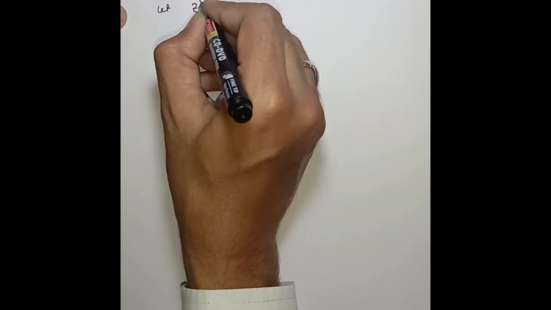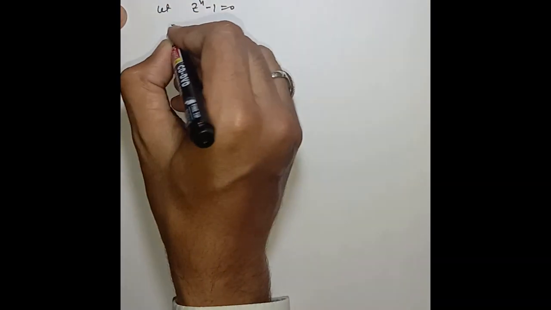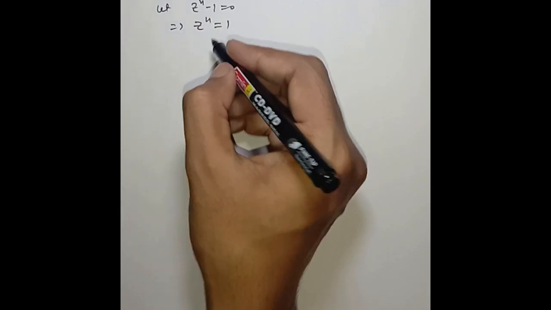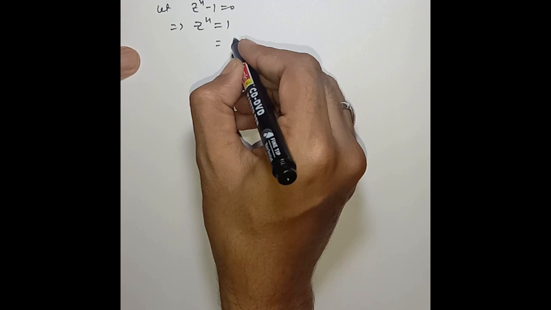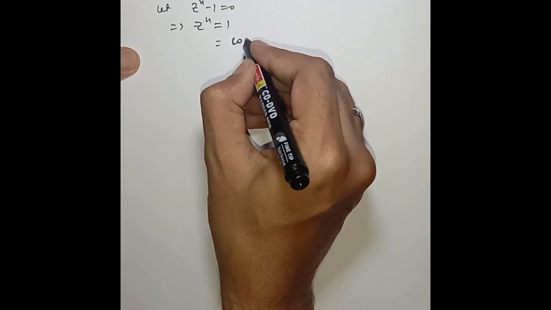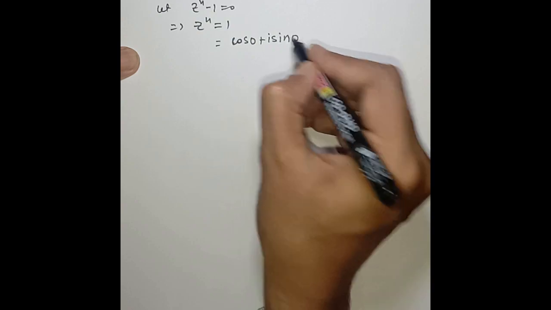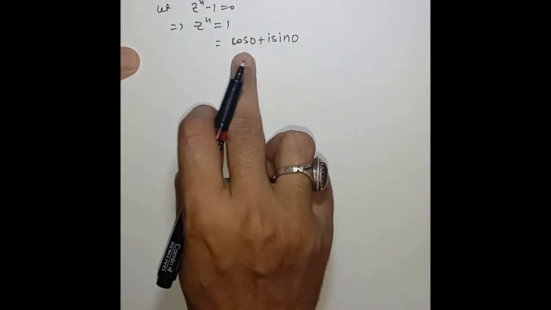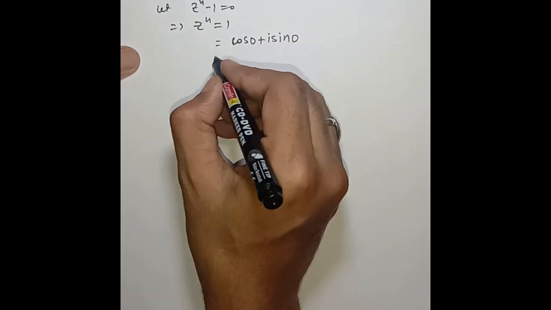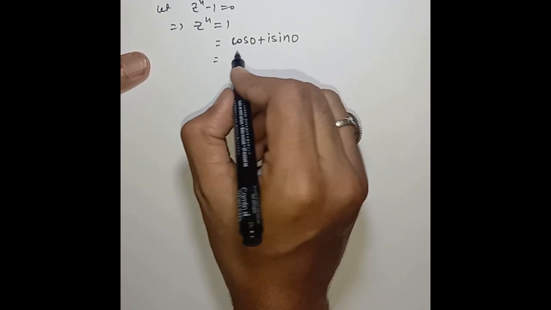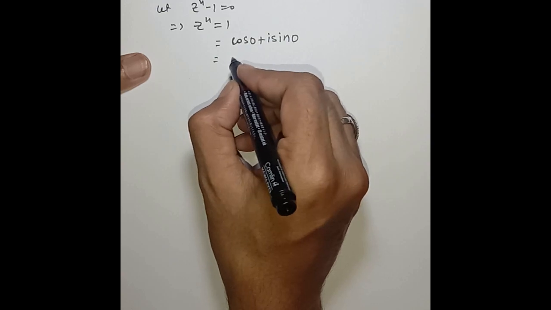Let z to the power n minus 1 is equal to 0. This implies z to the power n is equal to 1. And we know that 1 can be written as cos 0 plus i sin 0. And we also know the extended argument of a complex number. What is the extended argument?